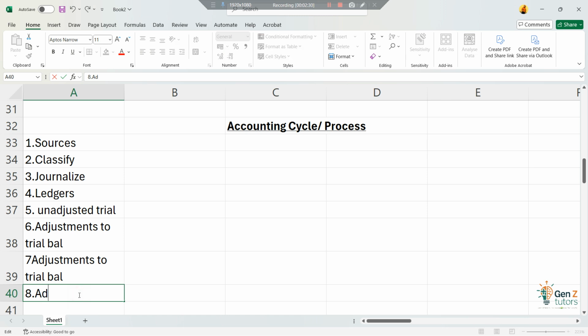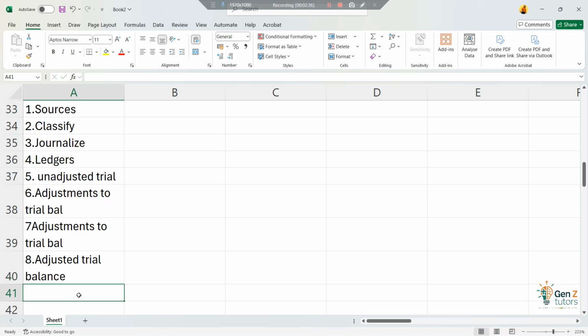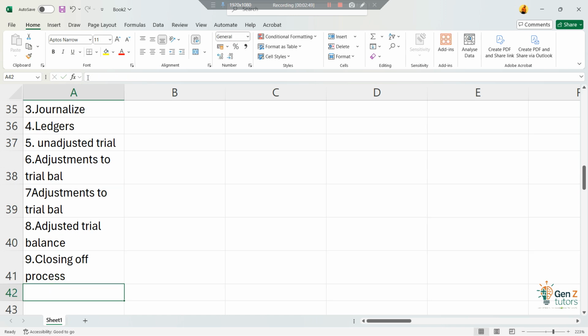Then after that you prepare your adjusted trial balance. Over here it's your adjustments to trial balance, actually.